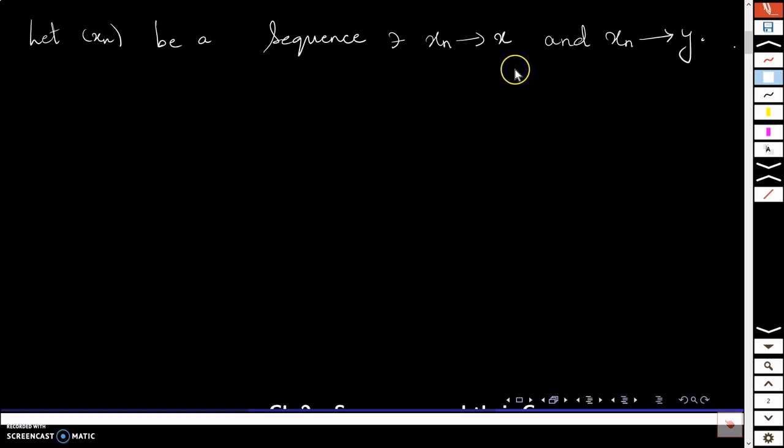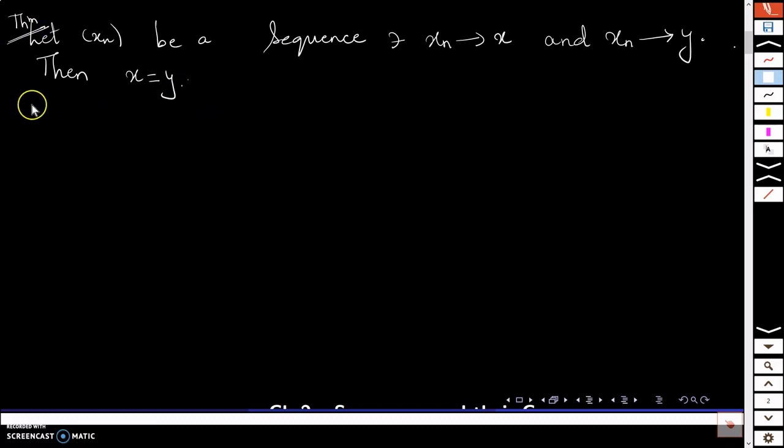This tells me that if a sequence converges, then it should converge to only one point and it cannot converge to two different points. So if you have a sequence xn which converges to x and y, then the point x and the point y will be the same. Then x is equal to y. This is the first property of convergent sequences.